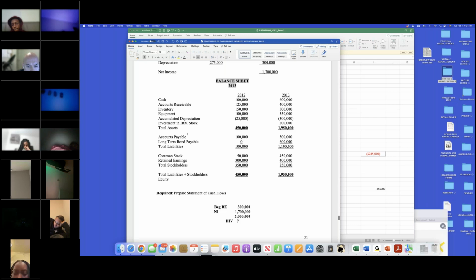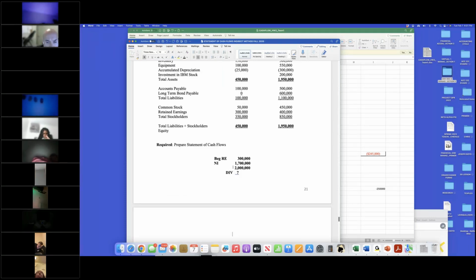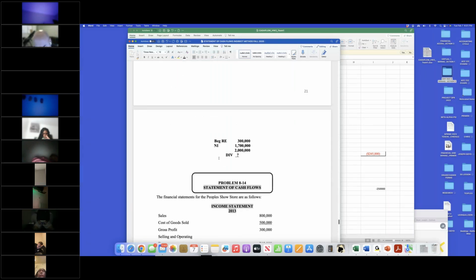So we then go down to the ending balance. Let me just move all of these down. So what is the ending balance in retained earnings? It is 400,000. Okay, so that's 400,000.